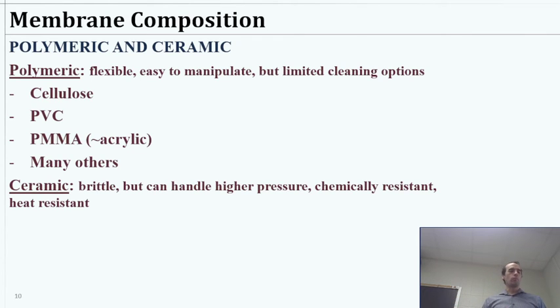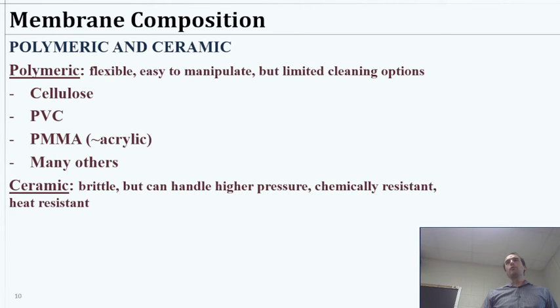And so there's some really high-tech stuff where you can create a very nice surface that can handle pretty high pressures because it's not going to collapse like polymers will. There are some things you can do with the polymers to get high pressure systems, but with a ceramic, you can go pretty high.